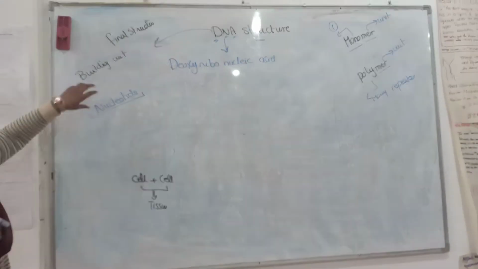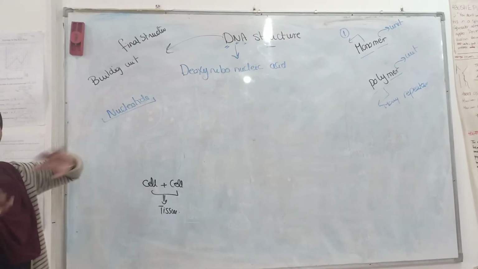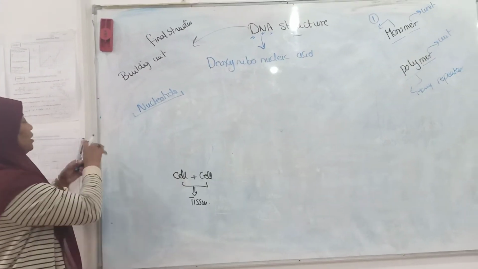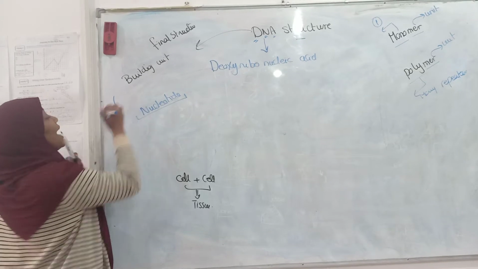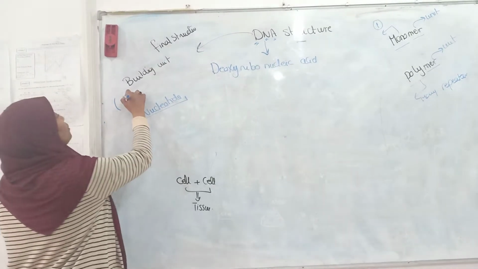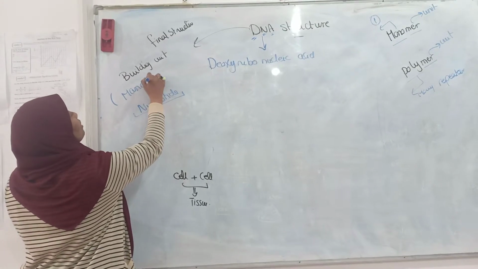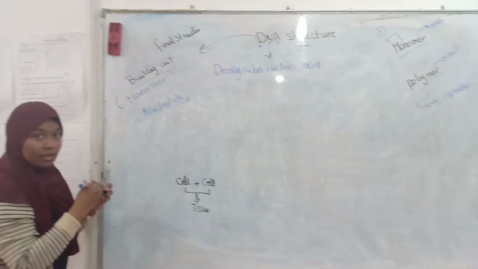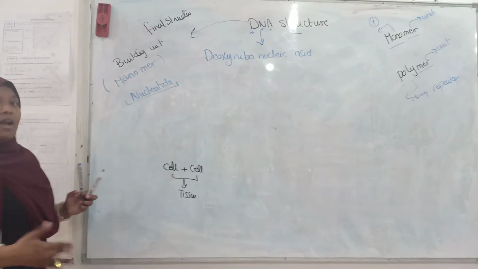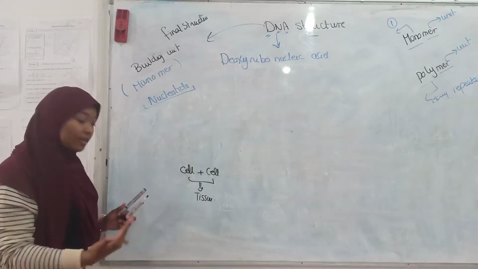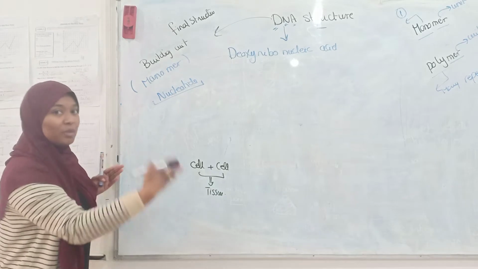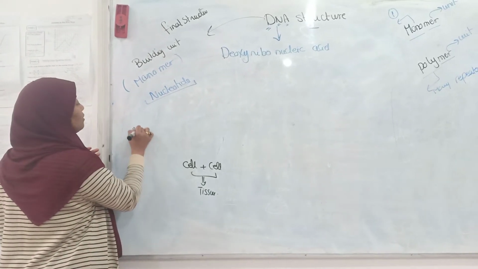So, if the building blocks here are called the nucleotides, and you would like to form just one building unit, another name or description for it will be a monomer. One unit, one building unit. Nucleotide plus nucleotide plus nucleotide would form the polymer. Many repeated units.